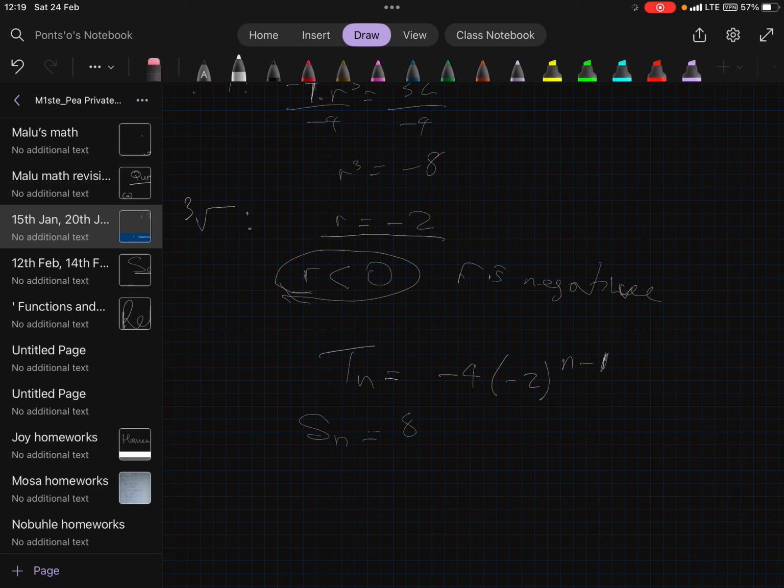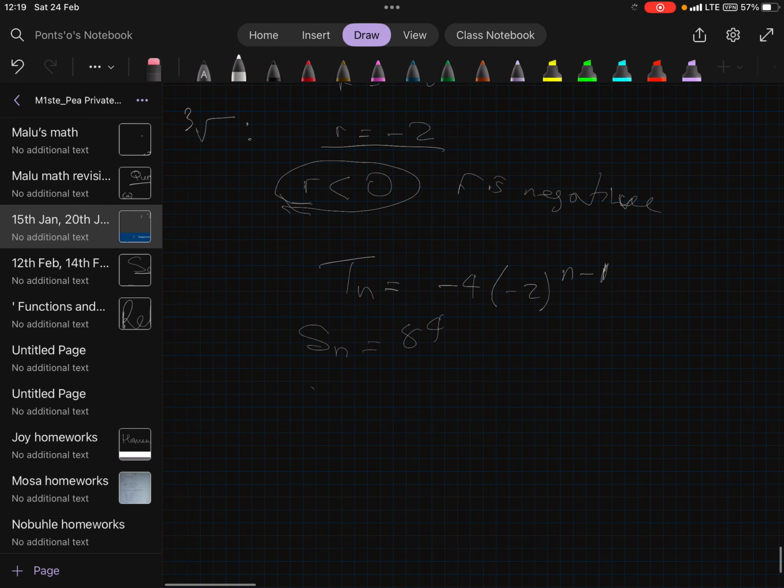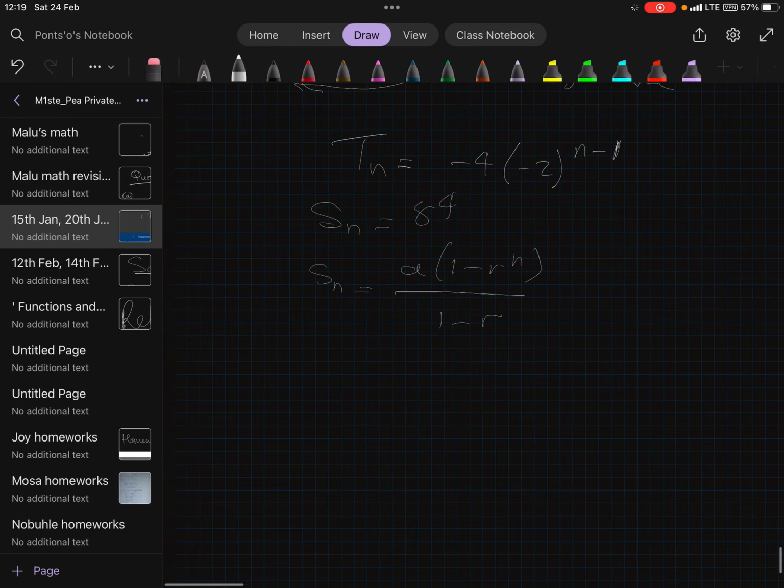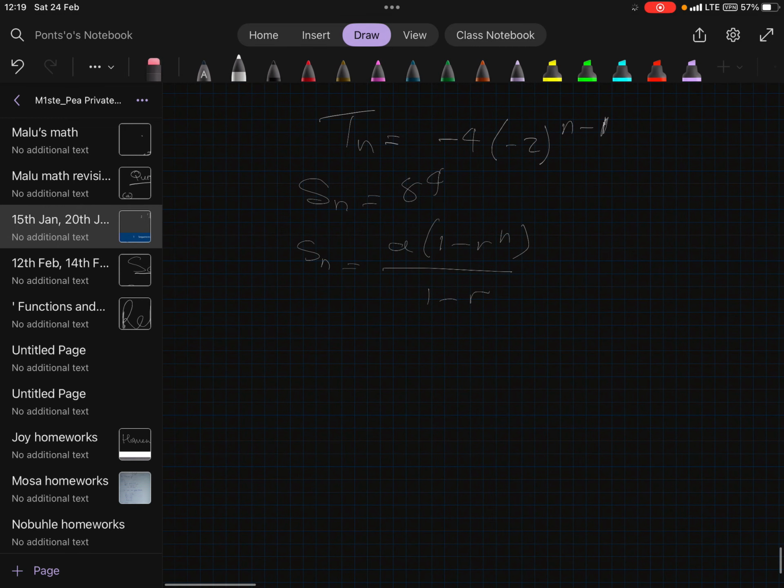We know that the sum to the nth term is 84. So quoting the formula first, the sum to the n terms is a times 1 minus r to the power n over 1 minus r. And we know that this equals 84.